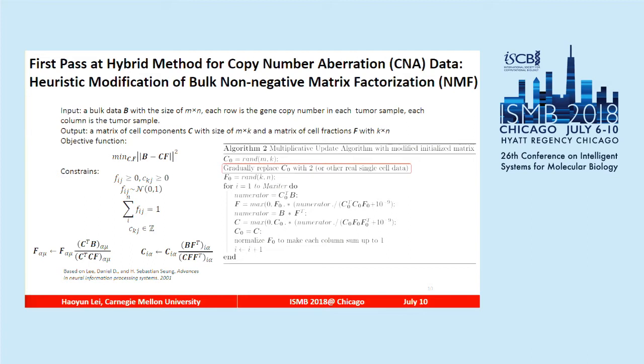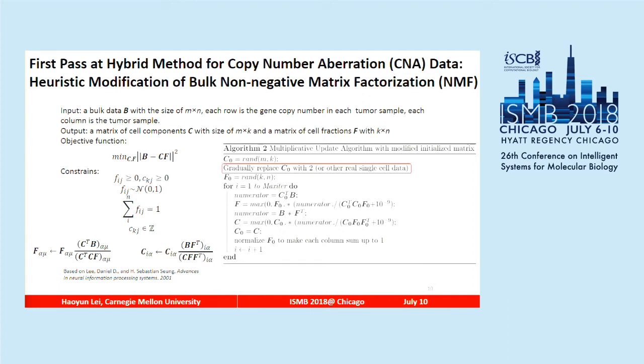According to the work on non-negative matrix factorization, the Euclidean distance between B and CF is non-increasing under the multiplicative update rule. The original NMF algorithm can work for this problem.